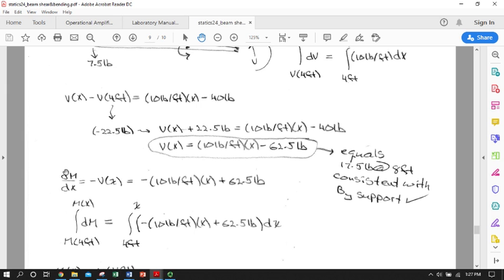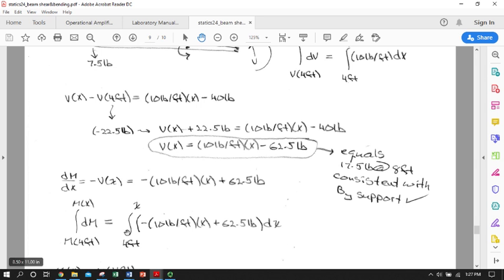So we can go back again to our relationship between moment and shear and say the first derivative of moment with respect to x is equal to the negative of the shear function with x. Go to a differential form: dM equals negative V of x dx, and then use this expression for V at x.